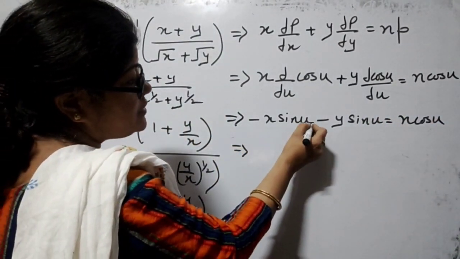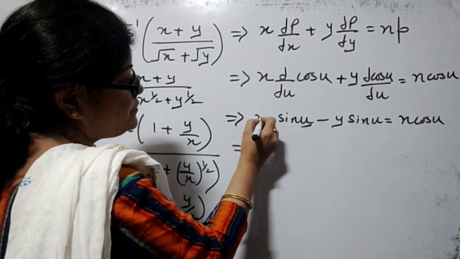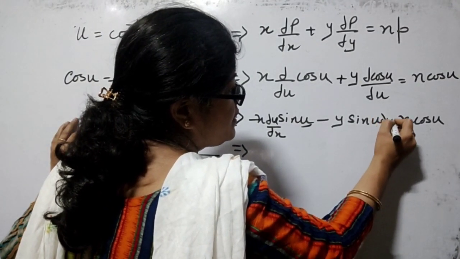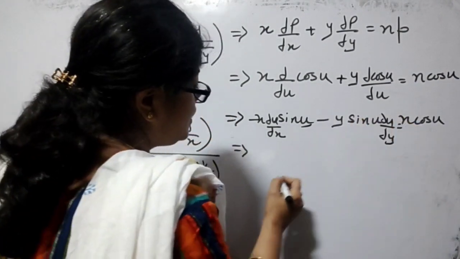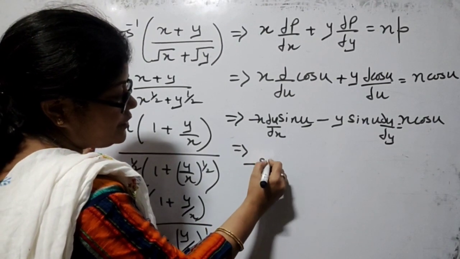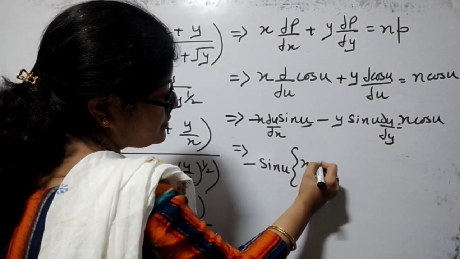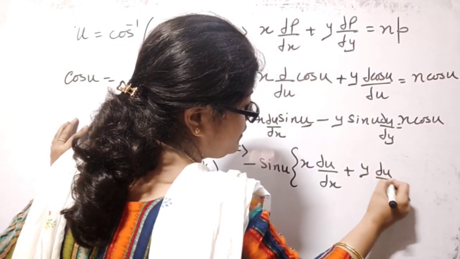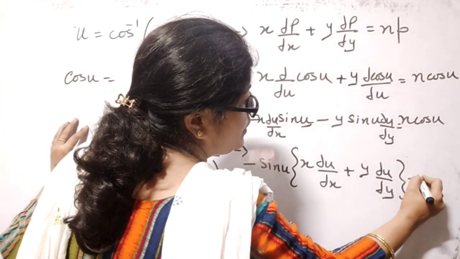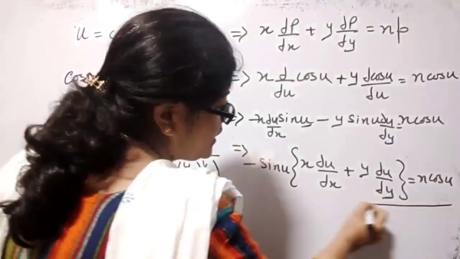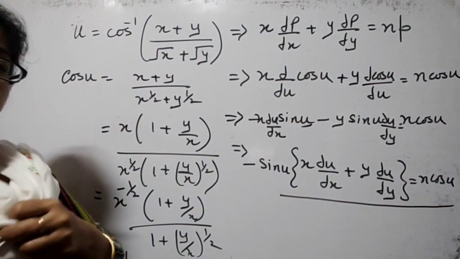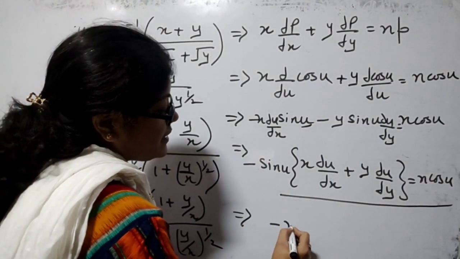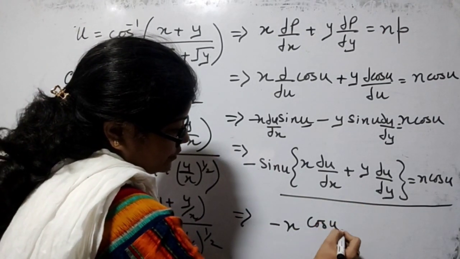Ultimately, this is with respect to u, we also write du over dx, and here du over dy, which is equal to, when we take common, minus sin u times x du over dx plus y du over dy, and it is ultimately equal to n cos u. Now this is again the homogeneous equation of Euler's theorem, which ultimately verifies Euler's theorem, and we get the result minus n cos u over sin u.